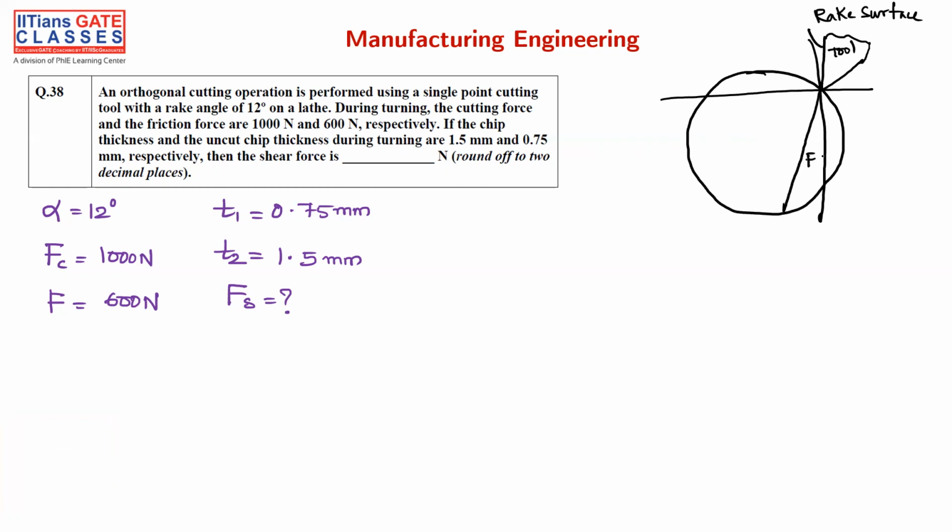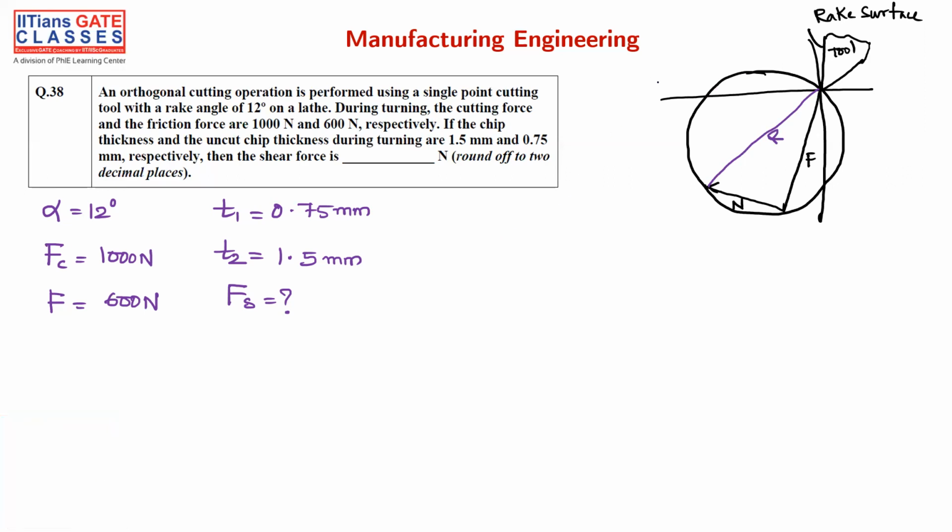This is your F, friction force. And perpendicular to that friction force, we have normal force, right? This is your normal force. And both are having a resultant one, that is your resultant force. This is your R, that is resultant, right?